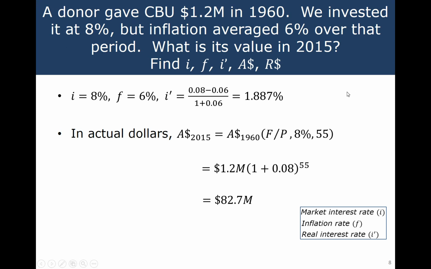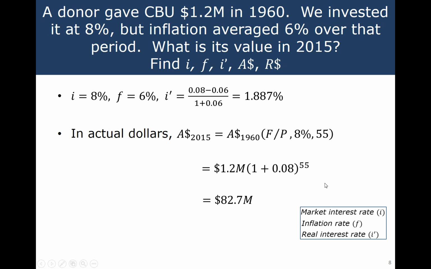So the actual dollars in the year 2015 will equal the actual dollars of the year 1960 moved from the present to the future at the interest rate of 8% and 55 periods. That means 55 years, right? So we want to understand the future value of the money.